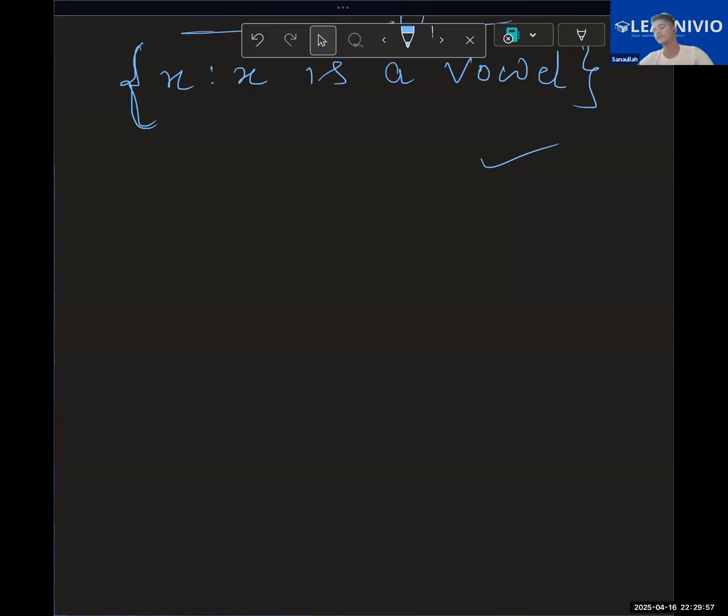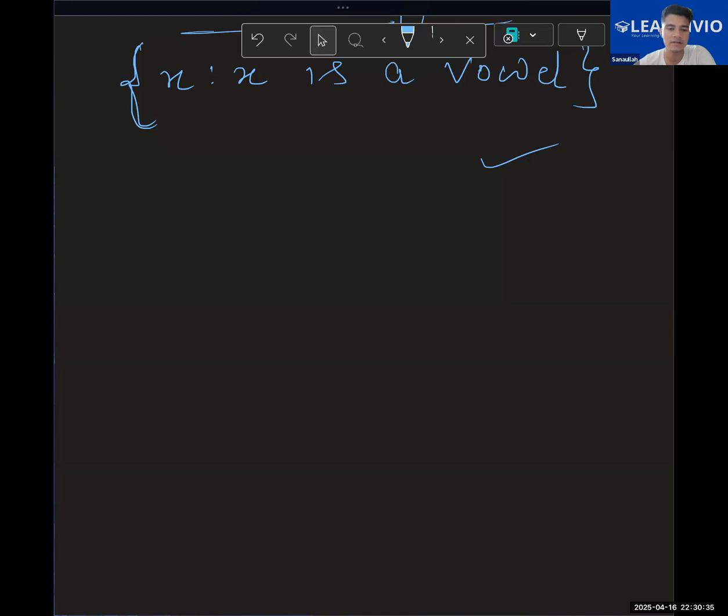Okay, so there are some types of sets. One is the empty set. Do you know what an empty set is? The empty set is a set in which we do not have any element. We can also call it a null set or a void set.